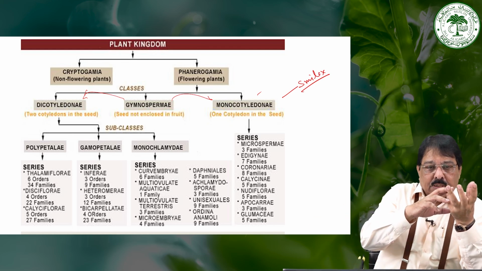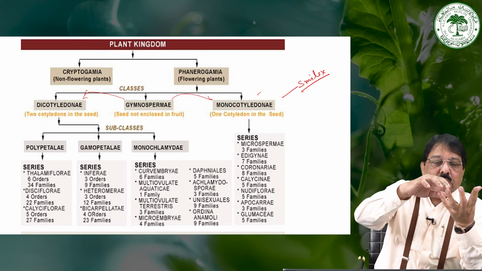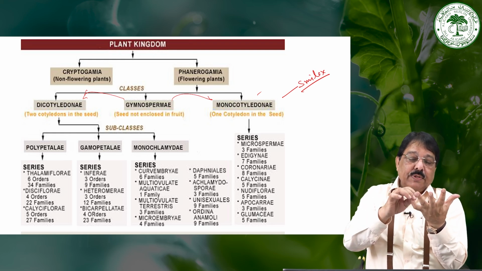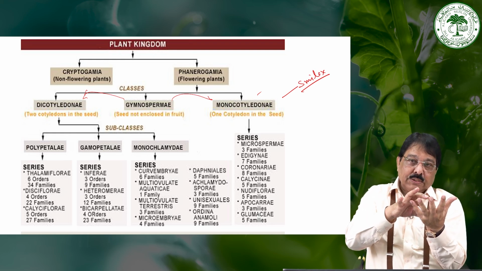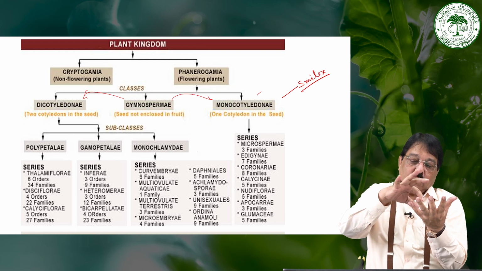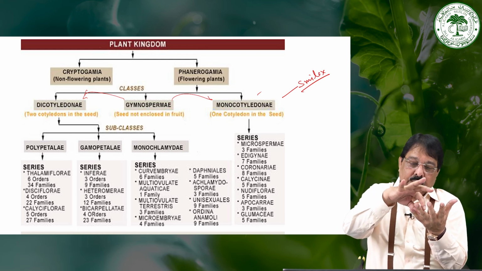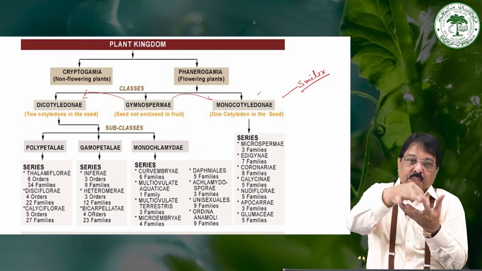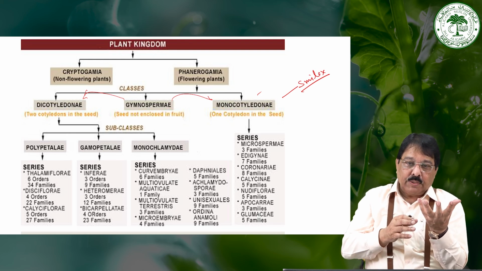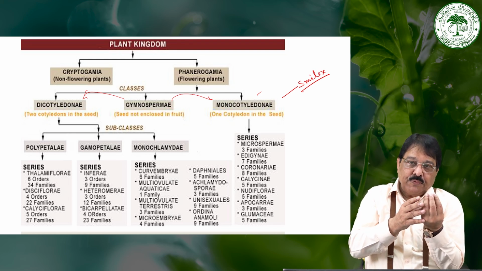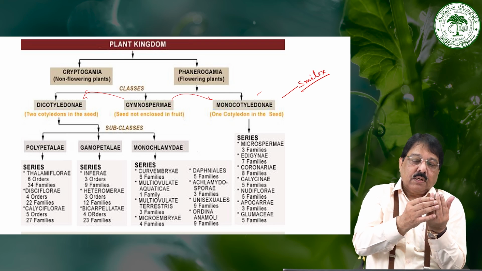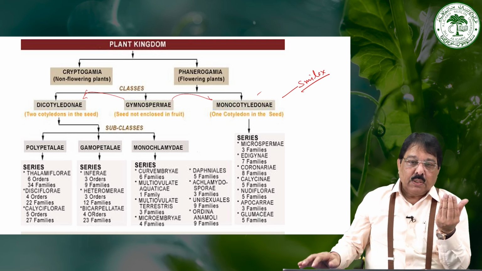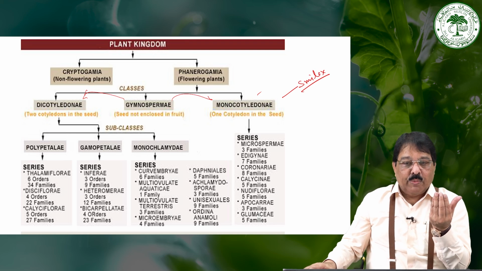What would be the petals free? Suppose these are the petals, these are the five petals. If they are not attached at the base to each other, if they are free like that, then we would call it polypetalae. If it is fused, it is united like that, then we would say the gamopetalae.